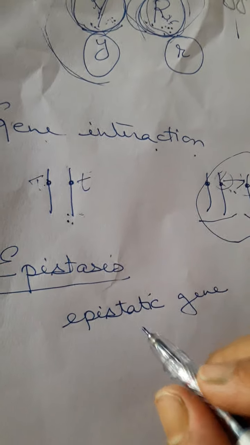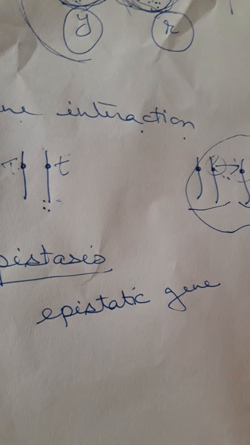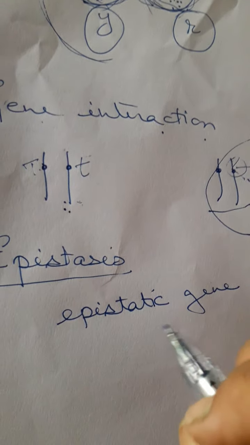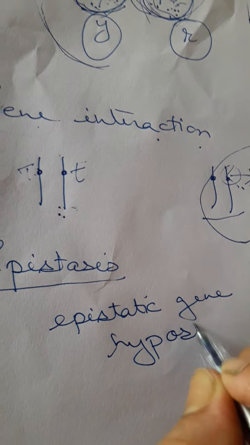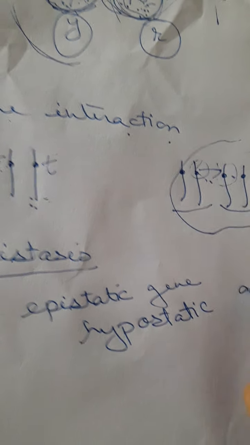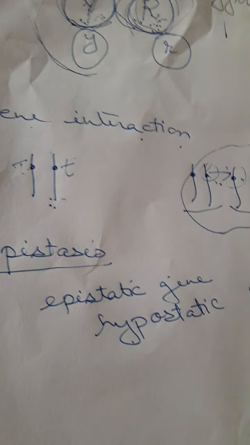It will mask the effect of the other gene and will not allow the other gene to express itself. The one which is being masked is known as the hypostatic gene. Epistatic gene and hypostatic gene.